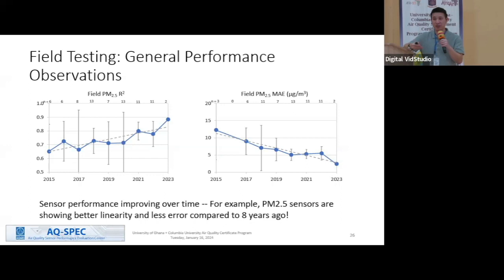I'm confident as we keep going in time, maybe we'll eventually get PM2.5 sensors that are just as good as what we consider to be reference monitors if we see this continued improvement. At the same time, we're also seeing mean absolute errors in the sensors we've tested go down in time. So that's also really positive news, that their biases are decreasing.